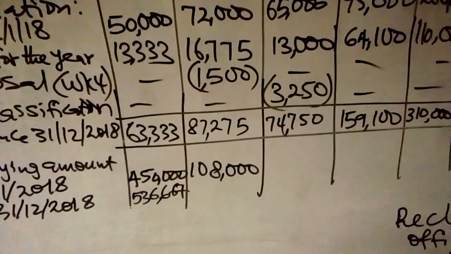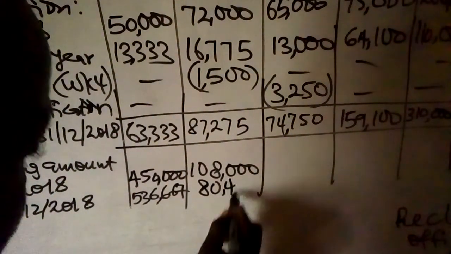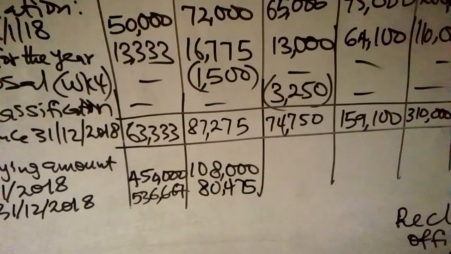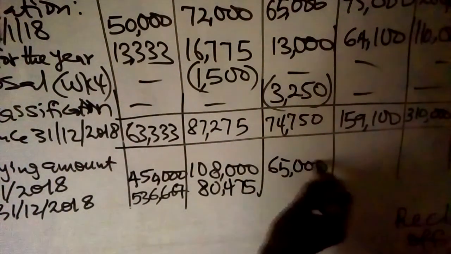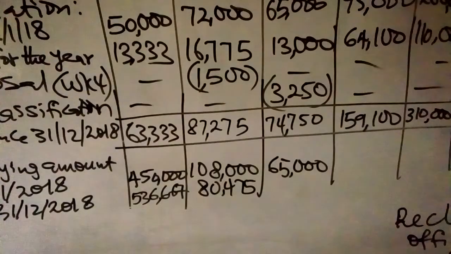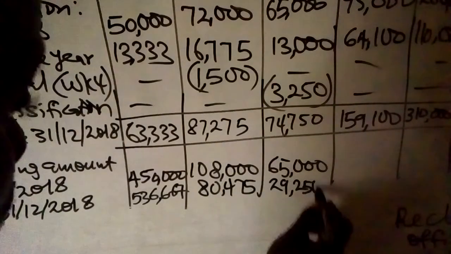The closing balance will be 80,475. Then that of office equipment, we have opening balance 65,000, while the closing balance will be 29,250.